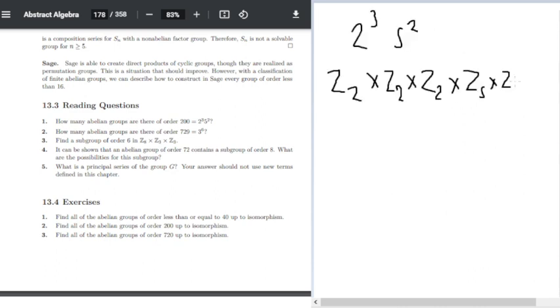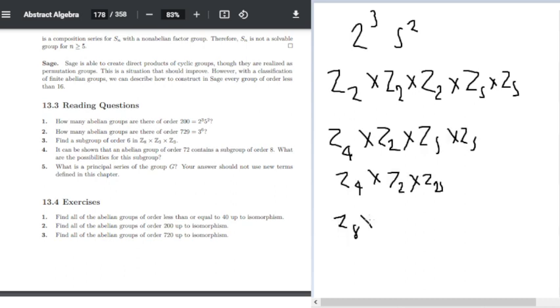We can collapse two of them to get Z4 times Z2 times Z5 times Z5, and Z8 times Z5 times Z5.